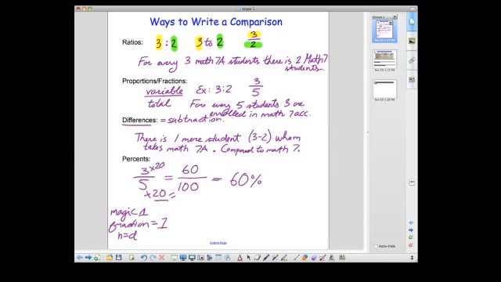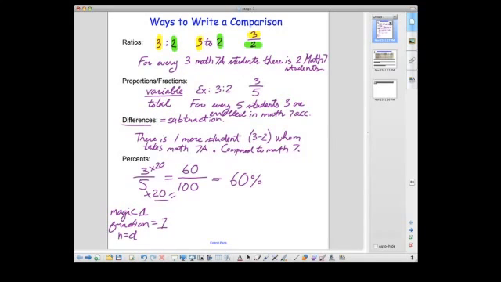So this was the quick review. When do you use ratios? When do you use proportions or fractions? What the difference is, and how to change from a proportion to a percent, or from a ratio to a proportion to a percent. We're almost going back to that fraction, decimal, percent learning from Math 6, so that's why I wanted to do a little bit of a review for you.